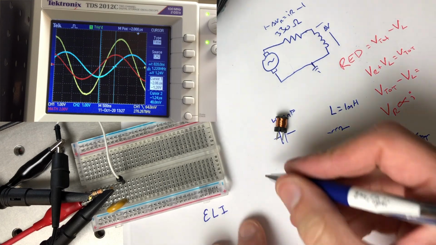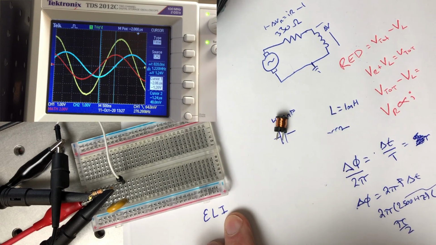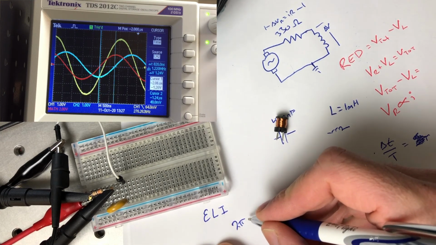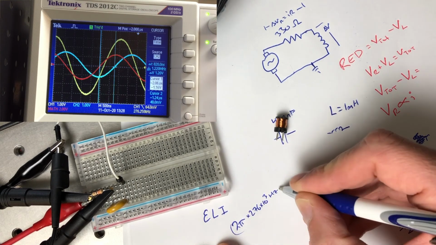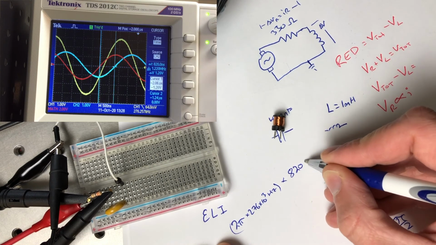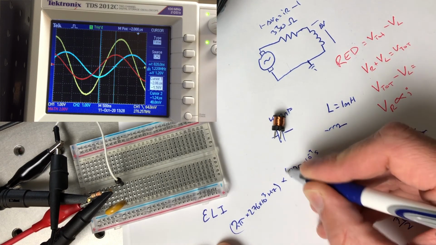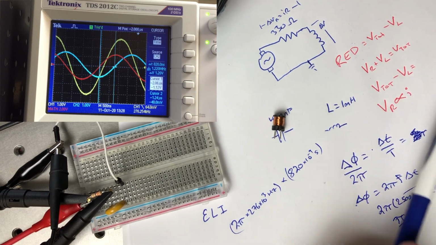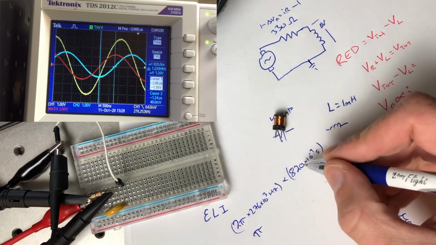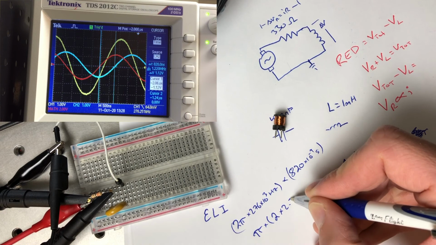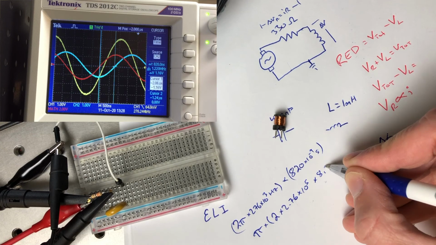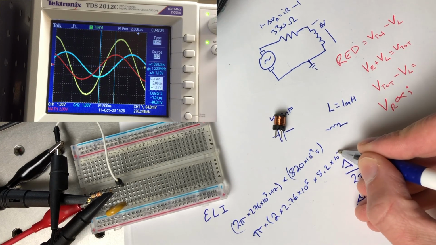Let's work that out. What was our formula again? 2 pi times 276 kilohertz times 820 nanoseconds times 10 to the minus 9 seconds equals, well, let's just say that it's going to be equal to pi times 2 times 2.76 times 10 to the 5 times 8.2 times 10 to the minus 7.